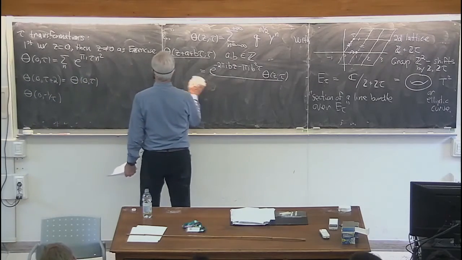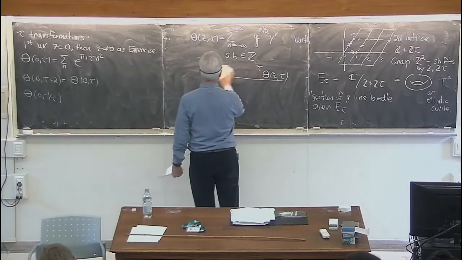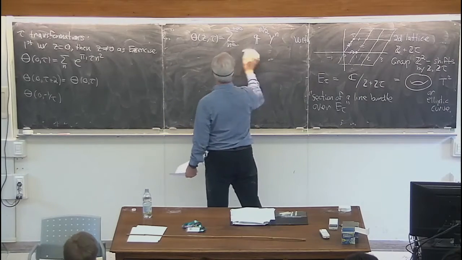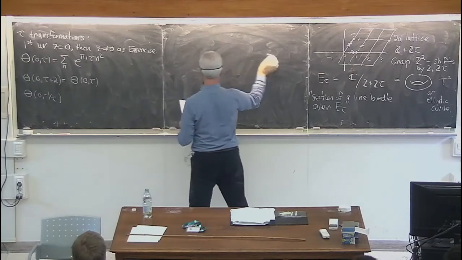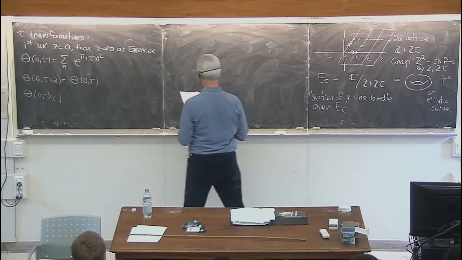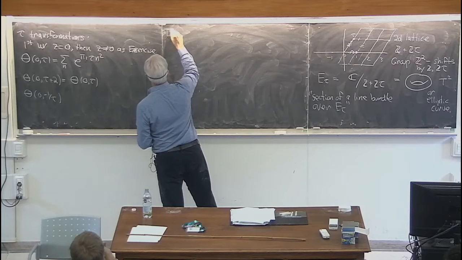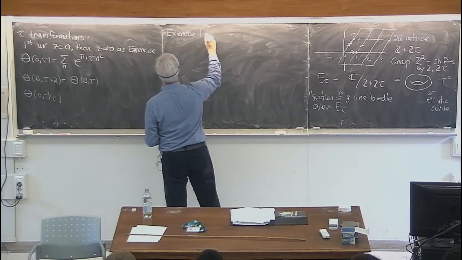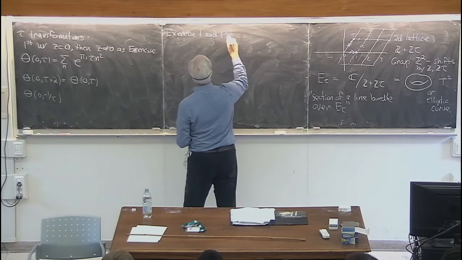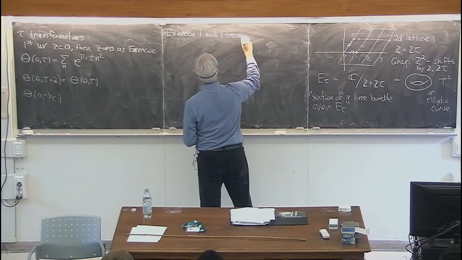So to evaluate this theta function at minus 1 over tau, I appeal to the first exercise and our formula for Poisson summation.